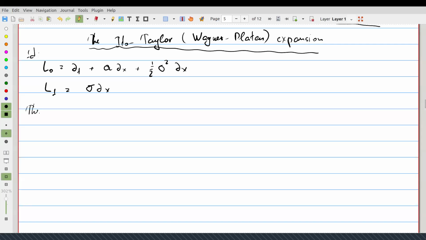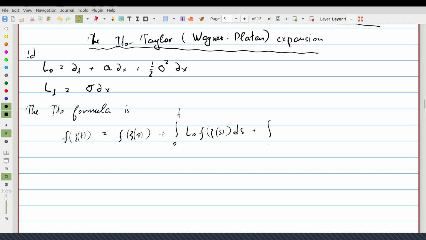Then the Ito formula is literally, for a sufficiently good function f, f of psi of t equals f of psi of 0 plus the integral from 0 to t of L0 f of psi of s ds plus the integral from 0 to t of L1 f of psi of s dWs. This is literally just the reformulation of the Ito formula in terms of such integrals.